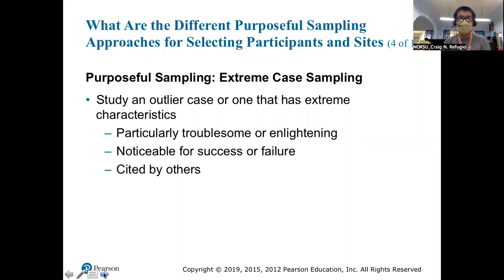If you say noticeable for success, that is part of extreme case sampling. Or noticeable for failures, that is part of extreme case. When you say extreme, it can be on one side or on the other side. It can be in the positive or in the negative perspective.